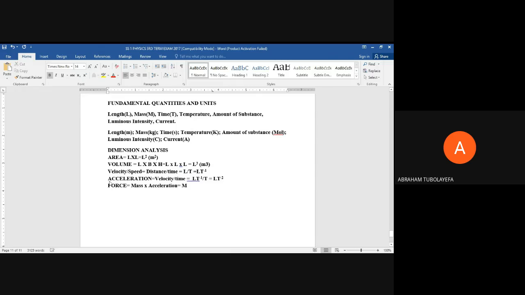So we have M times acceleration, which we have already gotten as L T raised to the power of minus 2. If we do a multiplication, the dimension for force will be M L T raised to the power of minus 2.